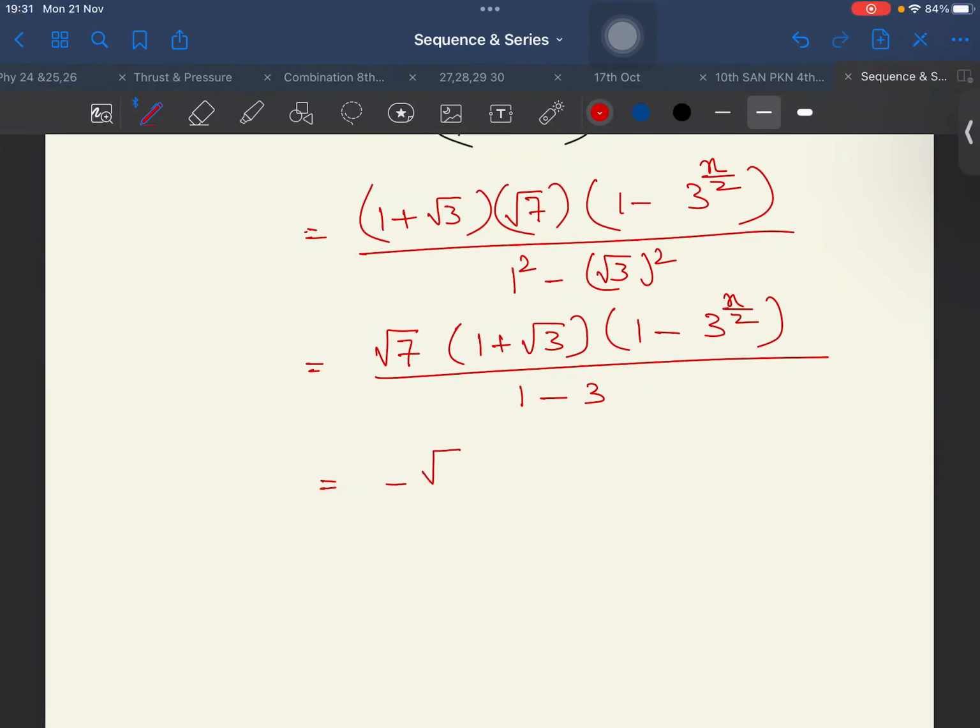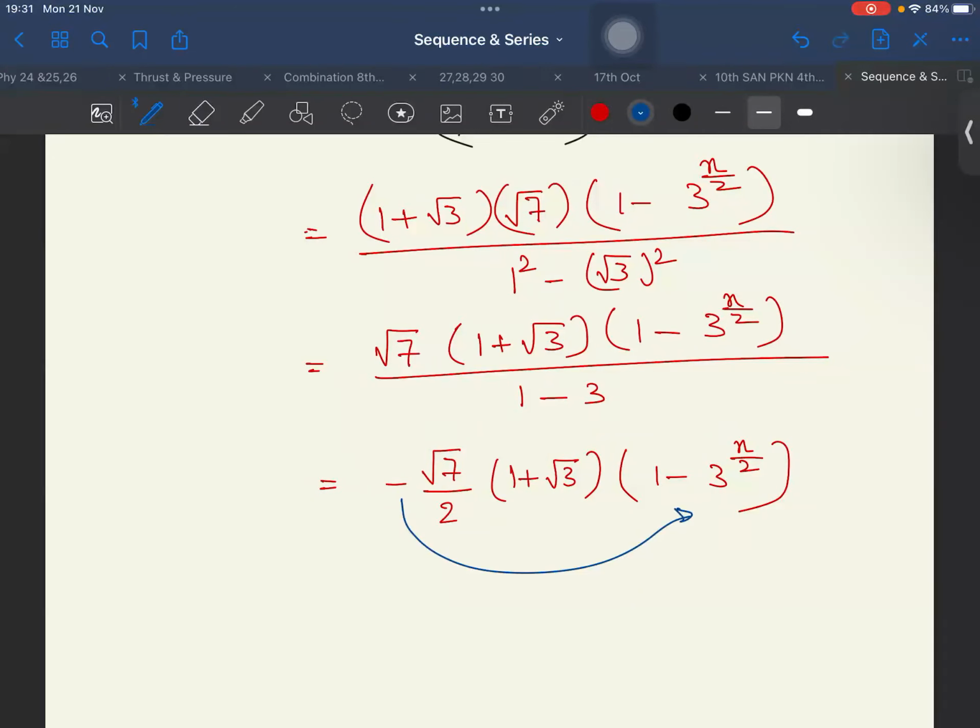Minus √7 upon 2, (1 plus √3) multiplied by (1 minus 3 to the power of n by 2). Again, you can take this minus inside the bracket. So you can write √7 by 2, (1 plus √3), (3 to the power of n by 2 minus 1). You can write it any way you want. So this all is your answer.